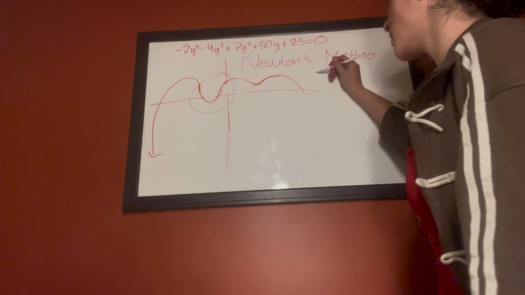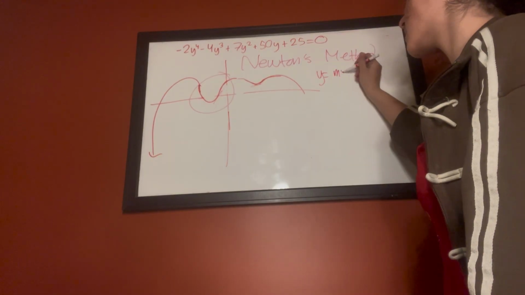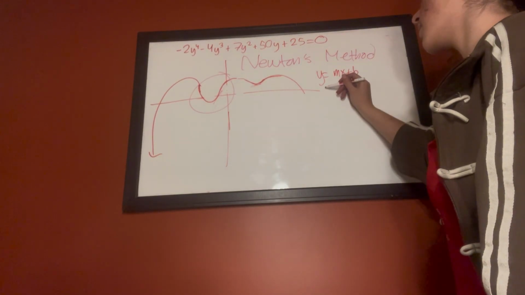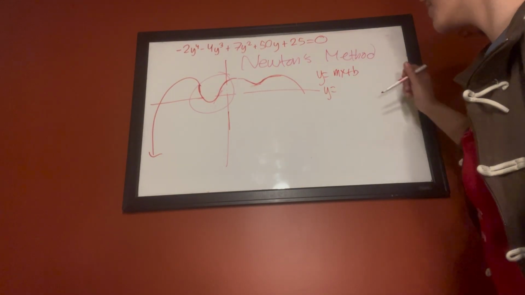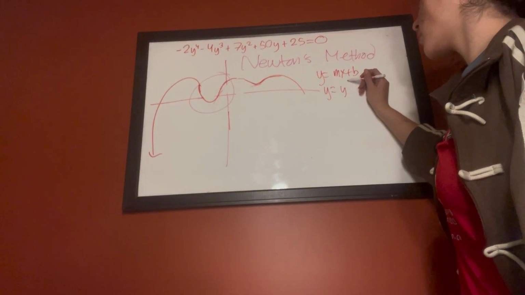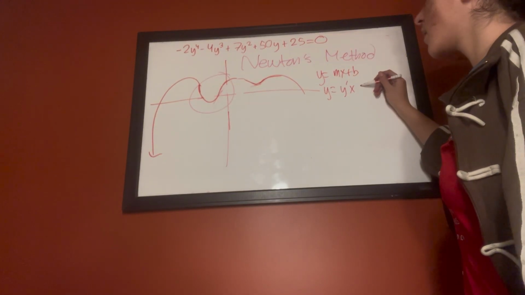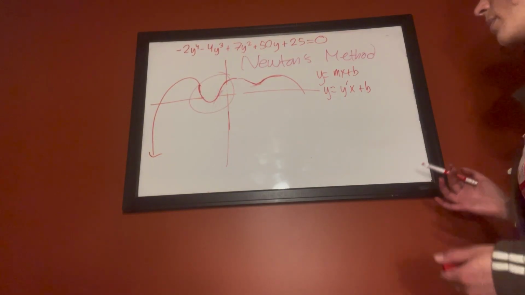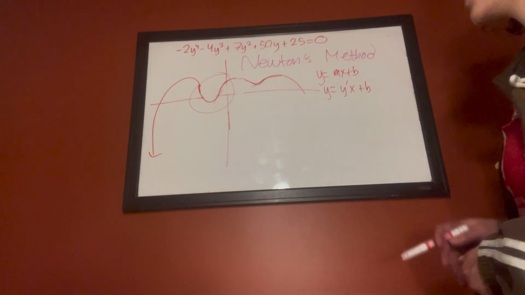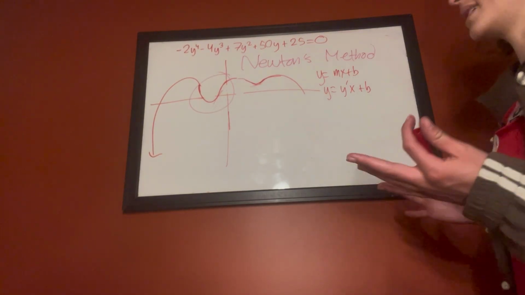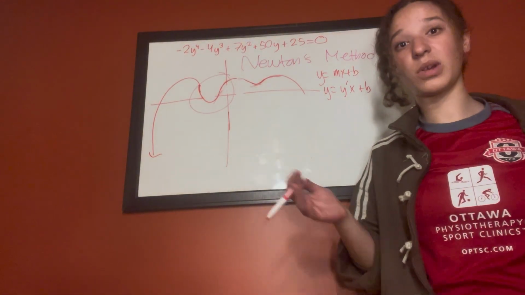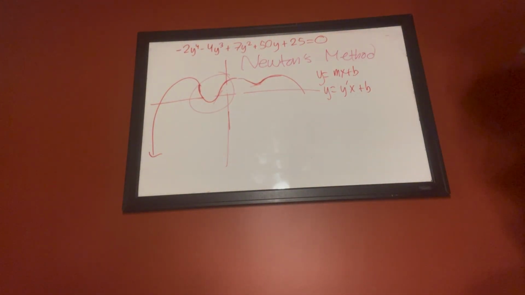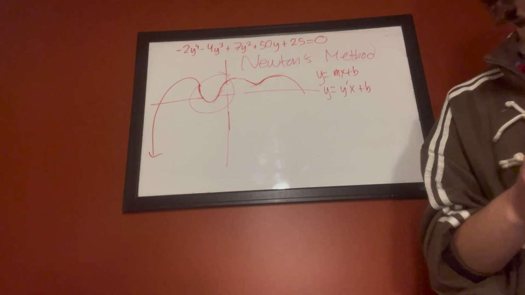So I have my tangent line, y equals mx plus b, or y is equal to y prime times x plus b. So what am I going to do? I need to start with a guess, right? We need to start with an x1. Where do I think that this will intersect?